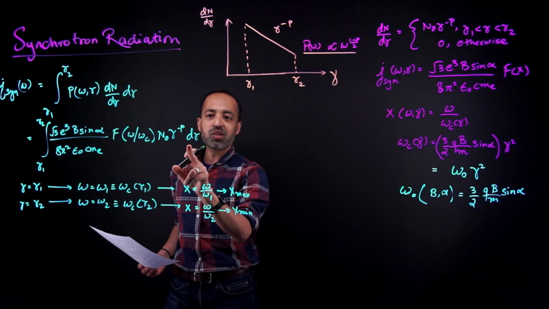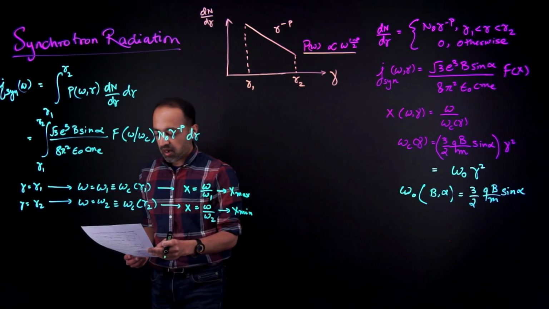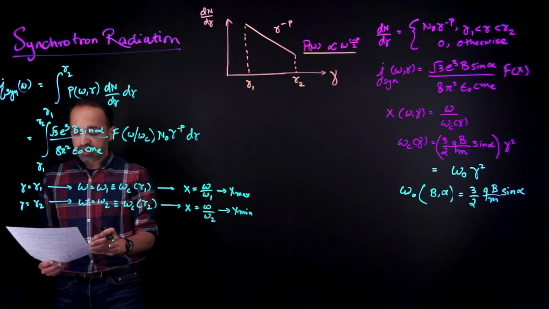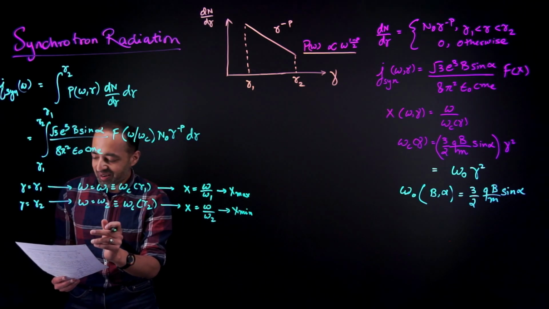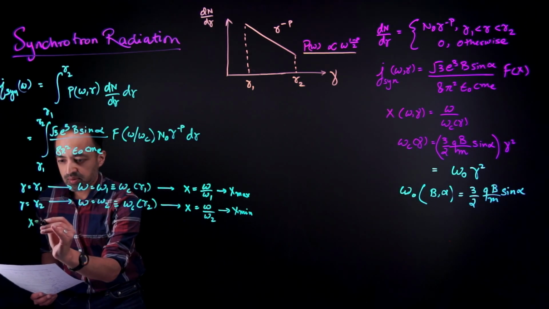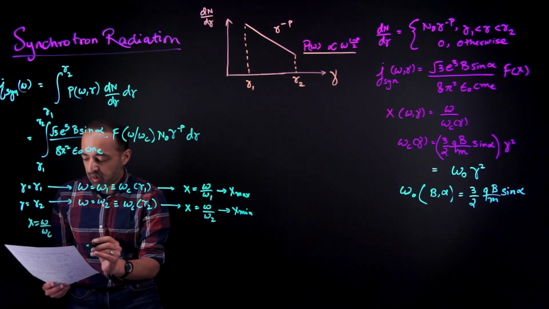Because this is an integral over d omega, we're going to cast that as an integral over this dimensionless variable x. And so for that, we need the conversion between d gamma and dx. That's also fairly straightforward to do because we have x is omega over omega c, as a function of gamma.